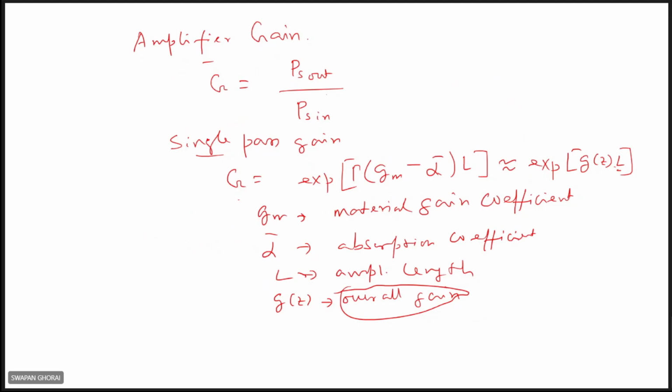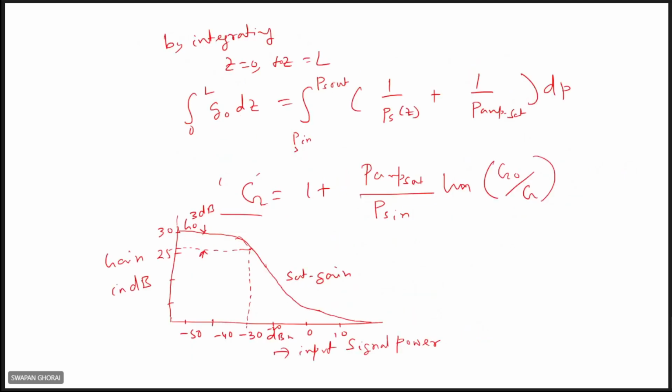The actual gain can be expressed in terms of these ones. G, actually it is saturated power by the input power times the log of G0 by G. And this curve we will get, I mean, gain versus input signal power, I can have it.